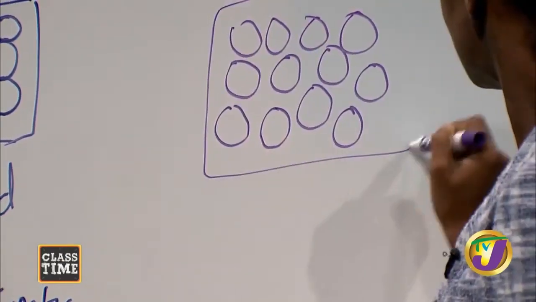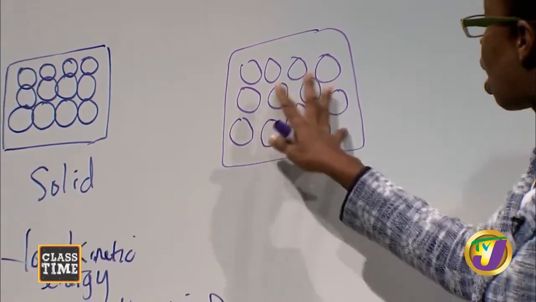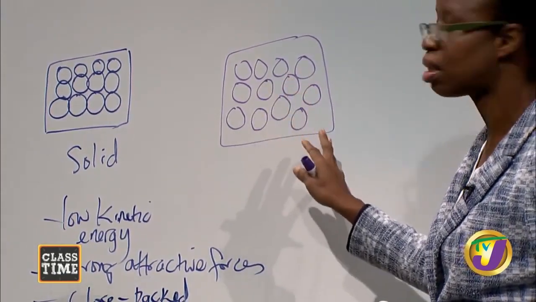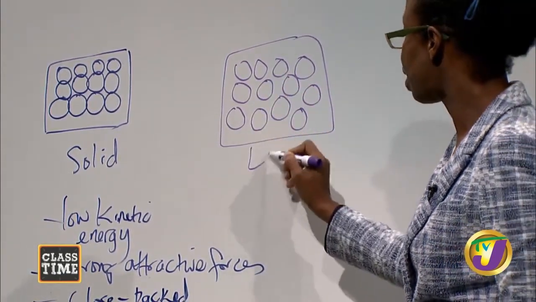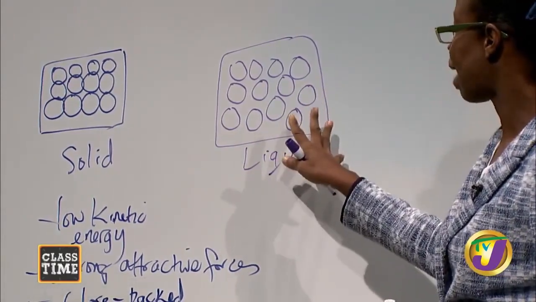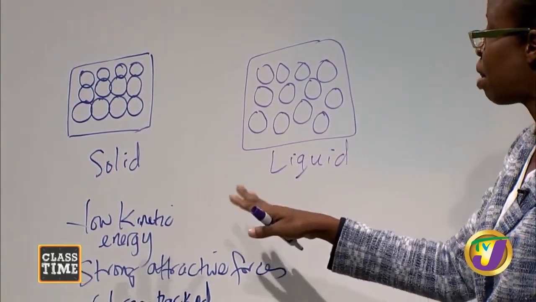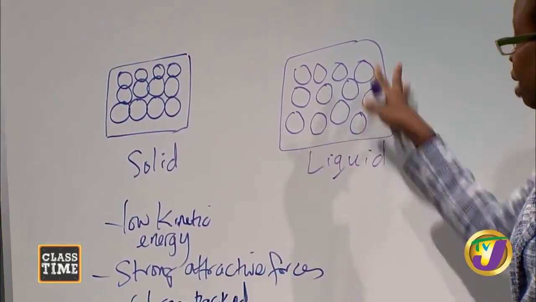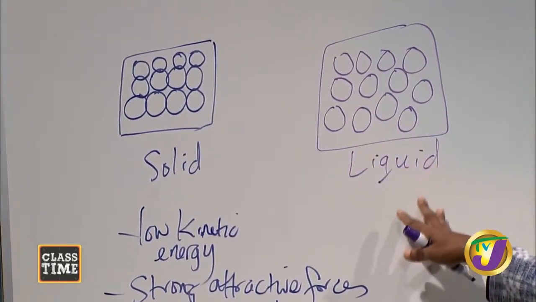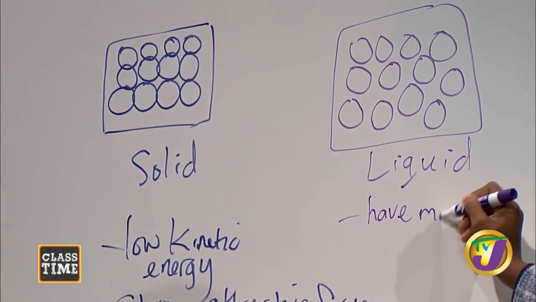So in the liquid, you will see that although the particles are close together, we have more spaces between the particles, all right? And so in a liquid, how would that affect their energy? Would they have more energy than a solid? Definitely, because here they are able to move around more. So they have more kinetic energy than a solid.